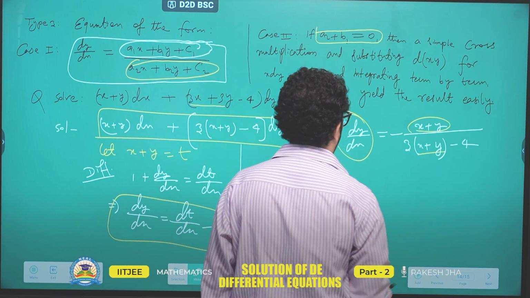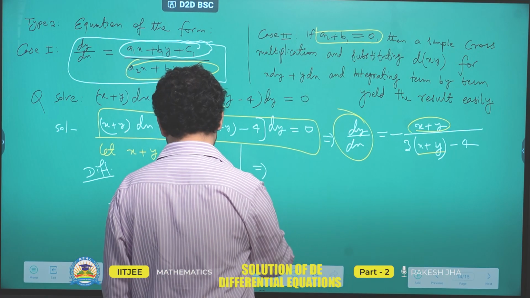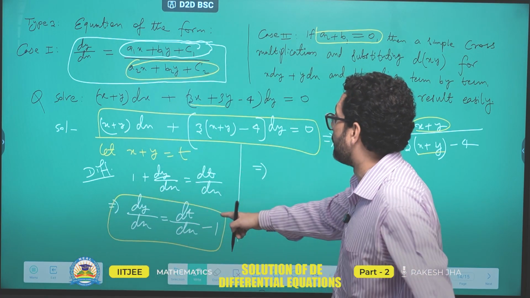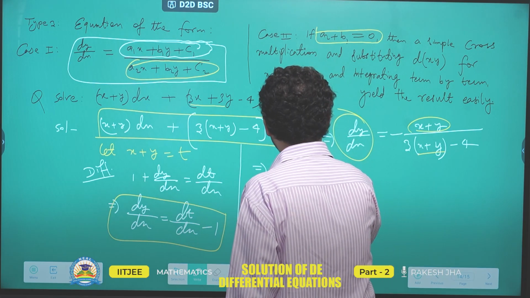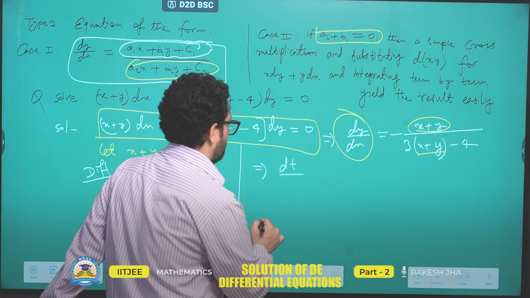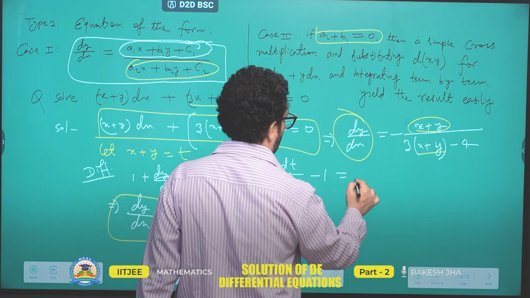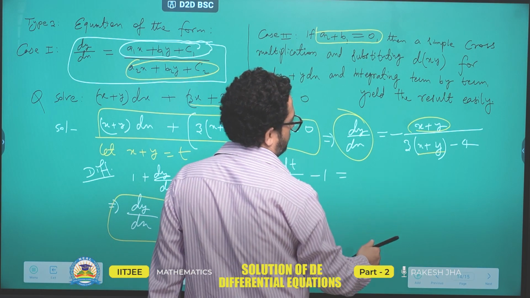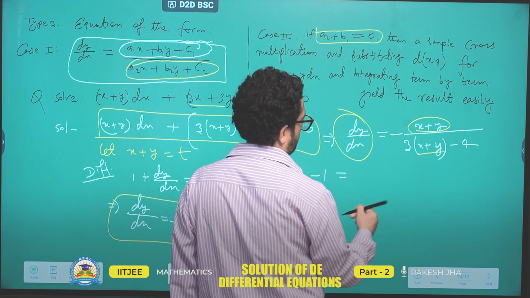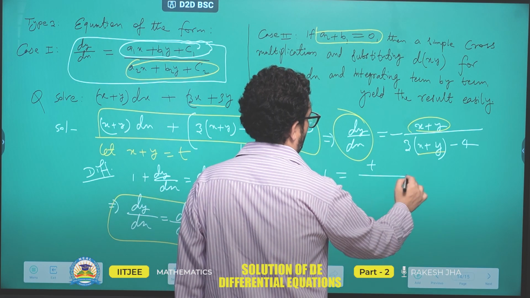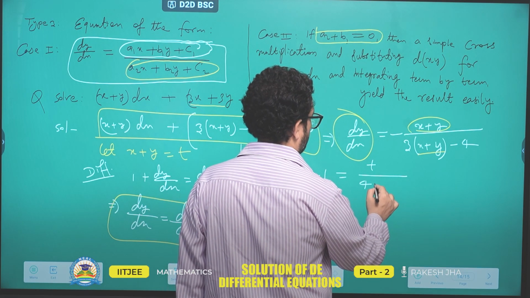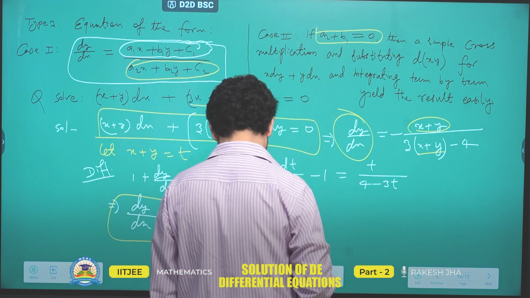Here also we will put t. So the result will be dt upon dx minus 1 is equal to, negative is there, so we can go for 4 minus this. So we can write here t upon 4 minus 3t.